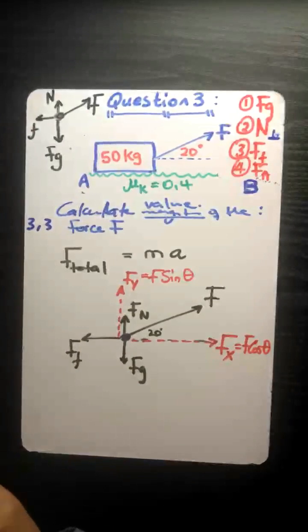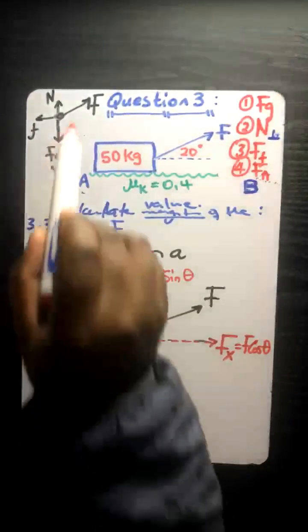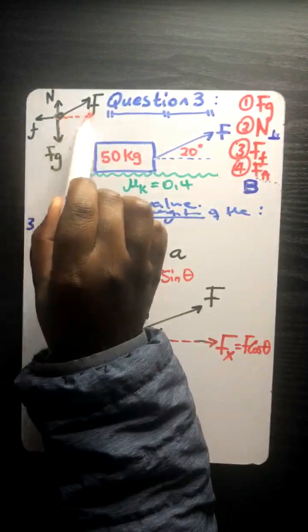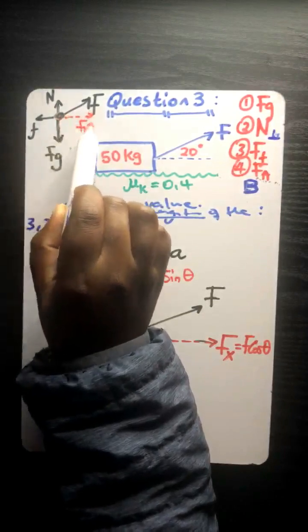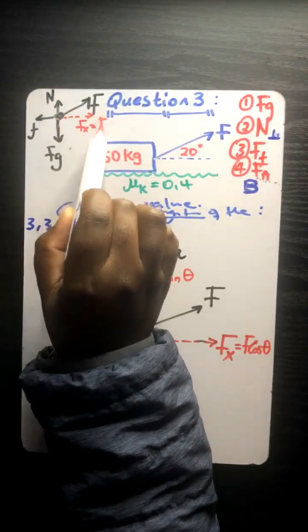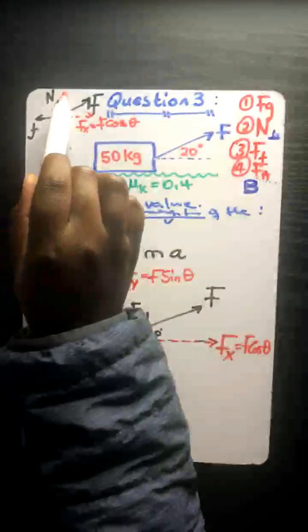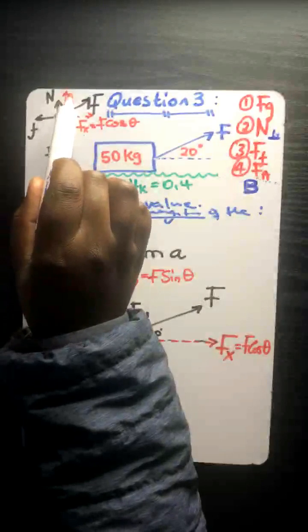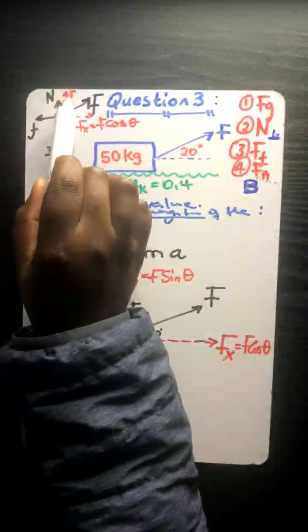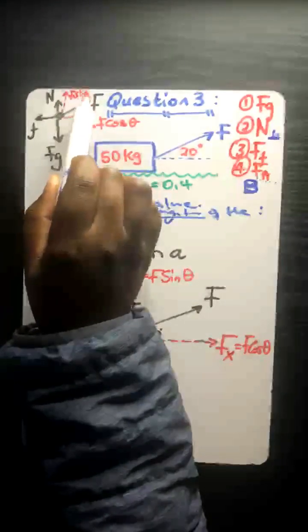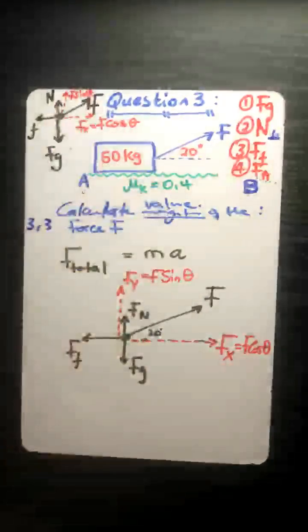100%. So that means we already know that Fx is equal to that force cos of an angle. We do know very well that Fy is that force sine of an angle.